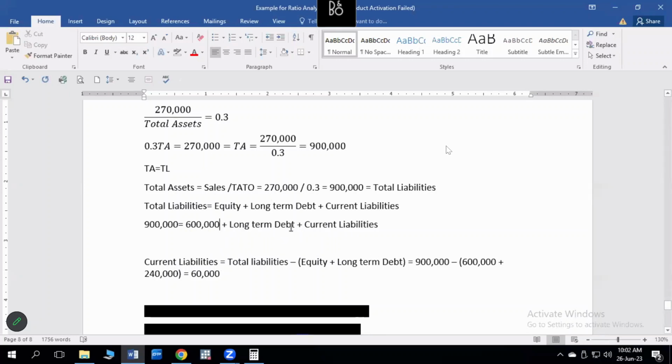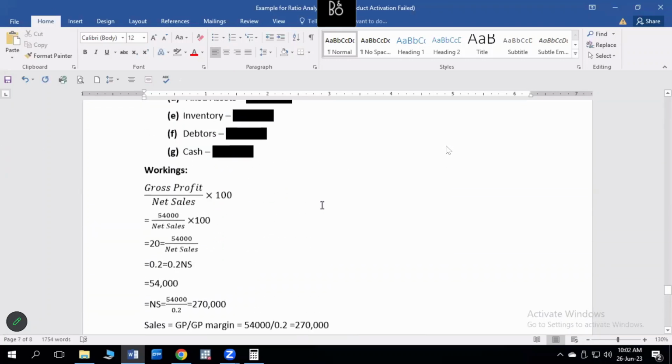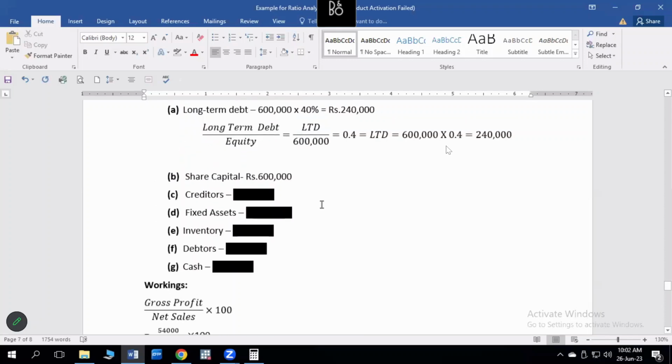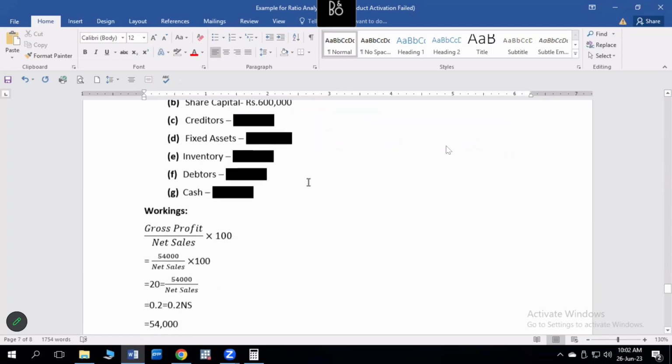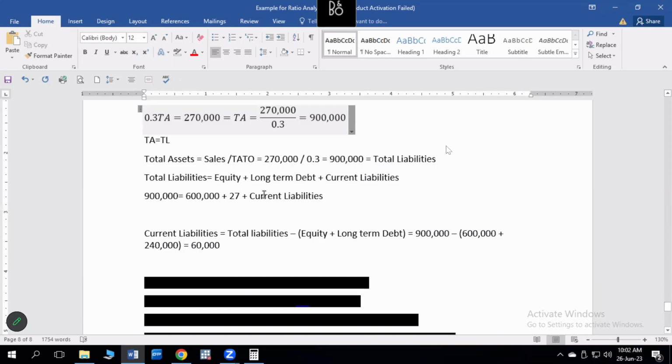Long term debt also you have found as 2 lakhs and 40,000. So the remaining one is the current liability you want to find out.